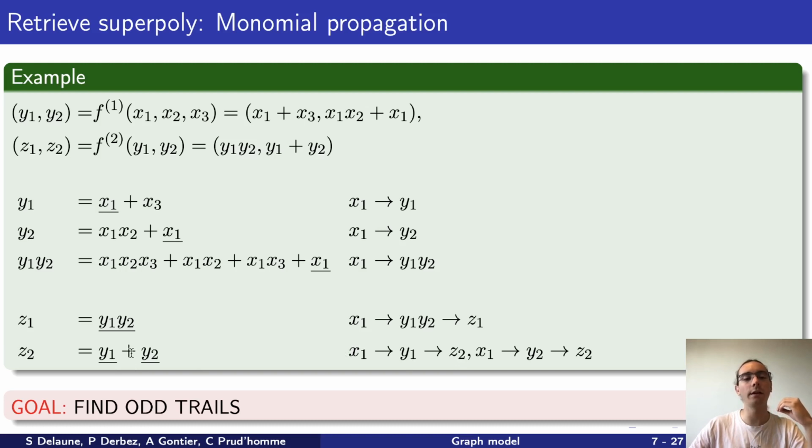And since we are in F2, the plus here is XOR, so the two monomials x1 in this polynomial will cancel themselves. So in the end, to retrieve the superpoly, we want to find all the monomial trails of the superpoly, but we want to consider only the odd trails, because if we have an even number of trails for a monomial, then we will have some monomial cancellation.